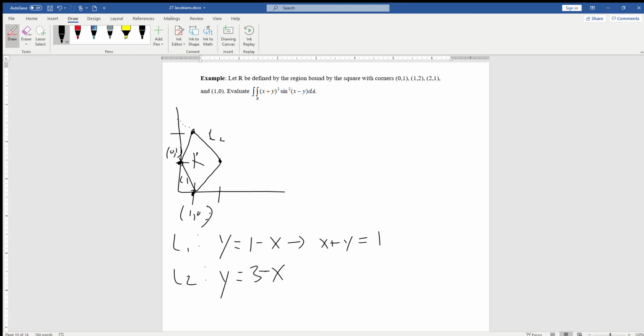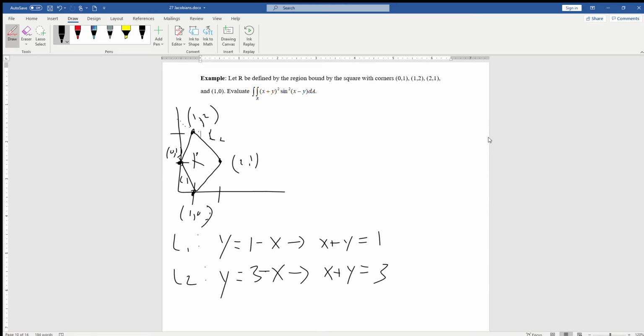And the points for this are going to be (2, 1) and (1, 2). If you don't believe me, you can substitute directly, and you can see that it ends up being y equals 3 minus x, or in other words, x plus y is equal to 3. So that's helpful.